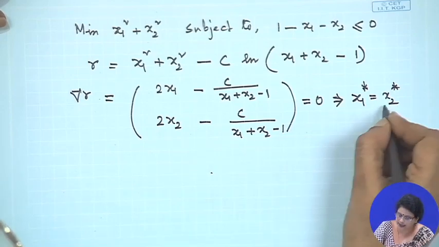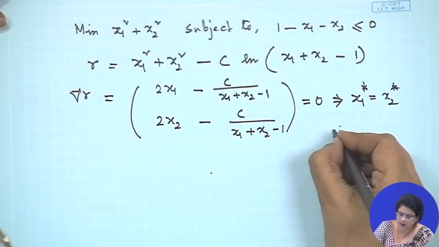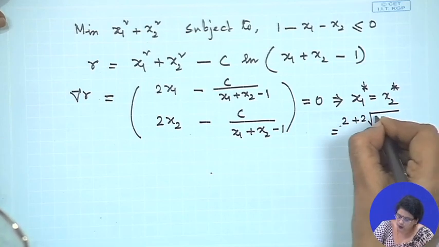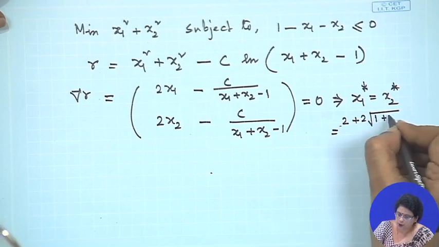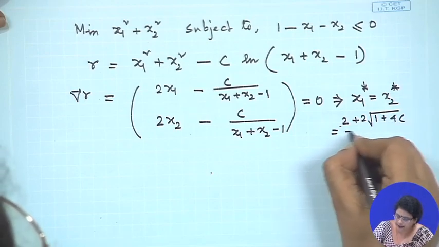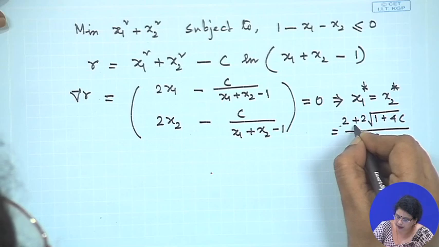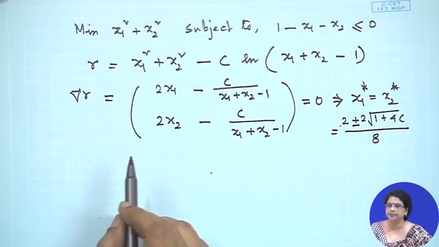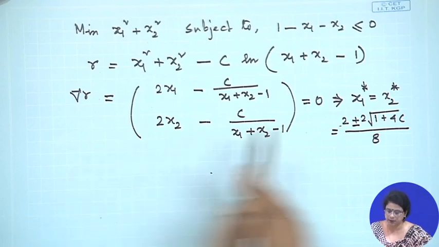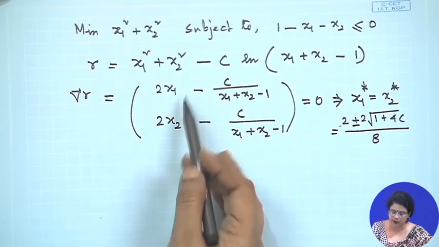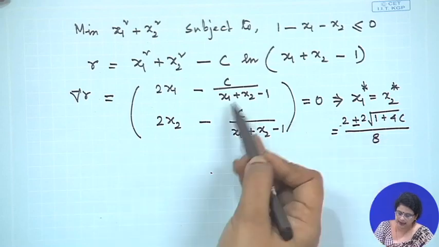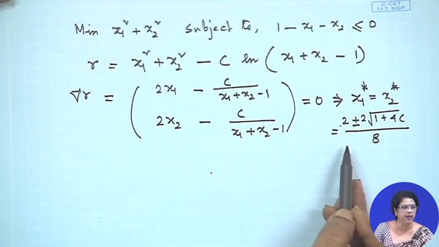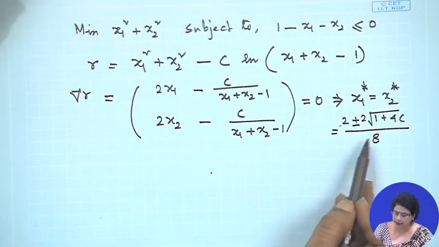Not only that, we can say that this is equal to 2 plus or minus 2 root over 1 plus 4c, divided by 8, because we will get the condition like this. If we substitute x1 equal to x2 here, then we will get an equation of degree 2. From there we will get 2 roots of the equation.